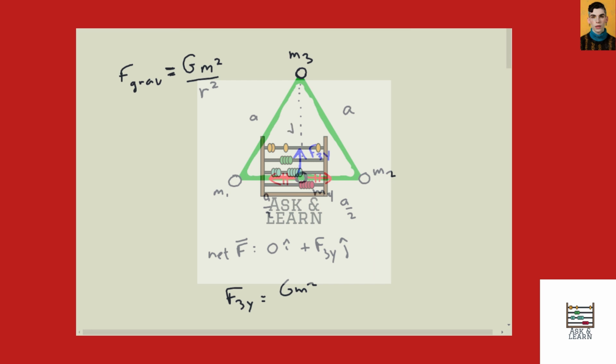And so we need the separation between that fourth mass and the third mass up above, and a little trigonometry can give that to us. So d over a is equal to sine of 60, or the square root of 3 over 2.